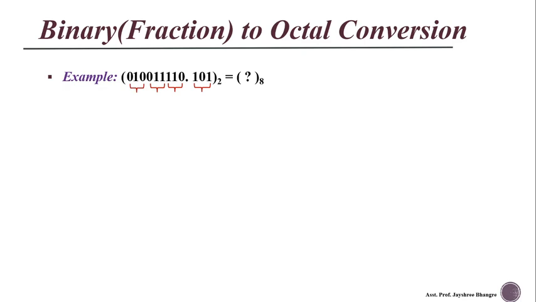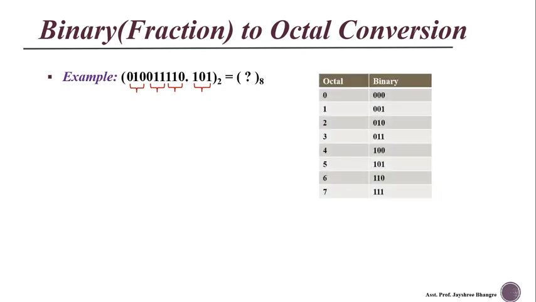Now we have to write the octal equivalent of these groups. So again the table is here. 1 0 1 is 5, 1 1 0 is 6, 0 1 1 is 3 and 0 1 0 is 2. So we collect these numbers to get the answer. So we get this given fractional binary number is equivalent to 236.5 in octal number system.